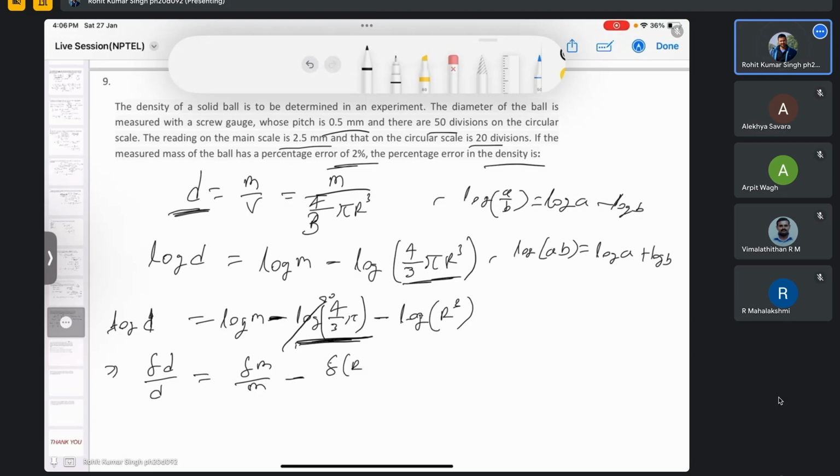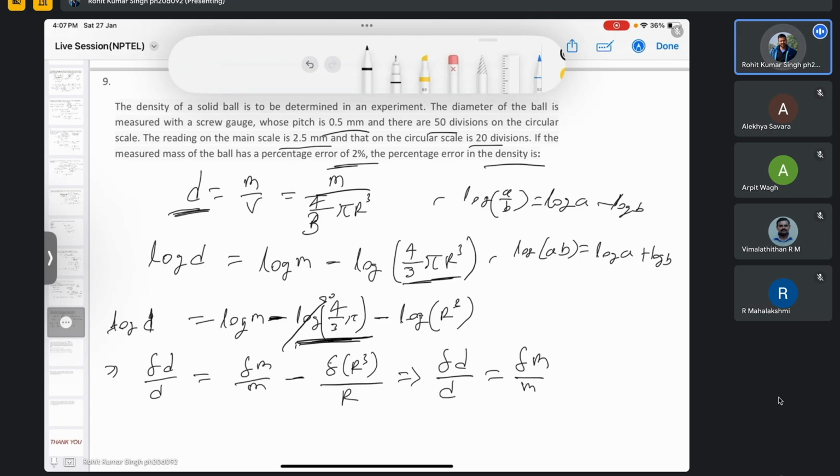And delta r cube by r. So delta r cube will be what? 3r square, right? Everything is delta d by d equal to delta m by m.